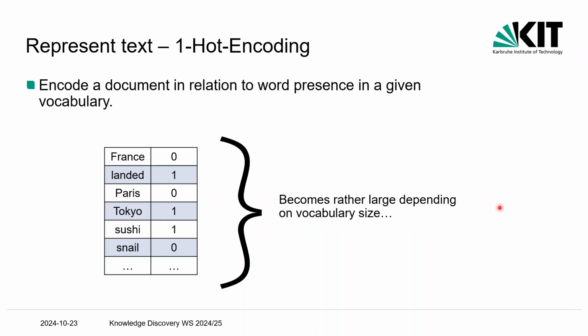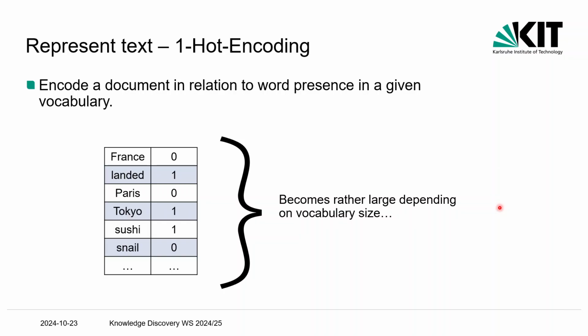The problem here is that it becomes pretty untenable once the vocabulary size grows beyond a certain size. If you had, for instance, the entire English language as vocabulary, it would take up quite a bit of space just to have a single document in it. Not necessarily the greatest thing.